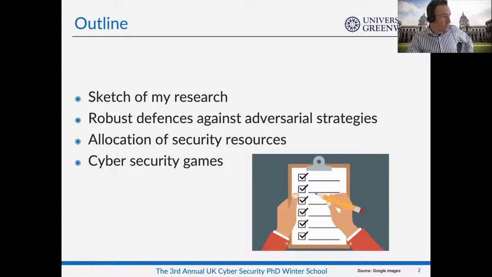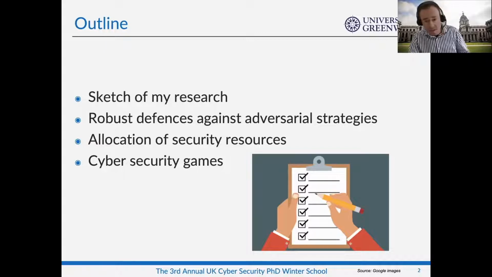So with this, to go to the outline of the presentation, I will show you one slide of how my research looks in the form of a sketch. And then we're going to discuss three things very briefly. First, robust defenses against an adversary who is strategic, i.e. he or she knows details of our system, and they are planning very well, as we'll describe later.